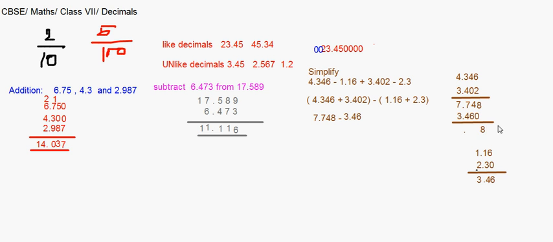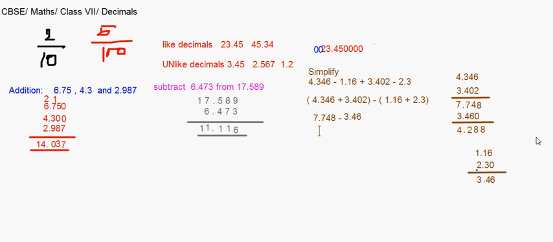This is 8. 100th place will be 8. 10th place will then be, as you have carried one out, it becomes 6, so it is 2, and this will be 4. So it is 4.288.